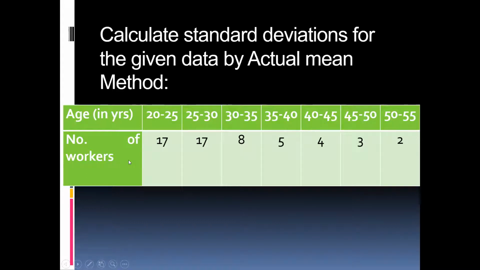And the number of workers are 17 whose age are between 20 to 25, 17 whose age are again between 25 to 30, 8 workers are there whose age are between 30 to 35 years, 5 workers are of the age 35 to 40 years, 4 workers are there whose age were 40 to 45 years, 3 workers were of the age 45 to 50 years and 2 workers were of the age 50 to 55 years.